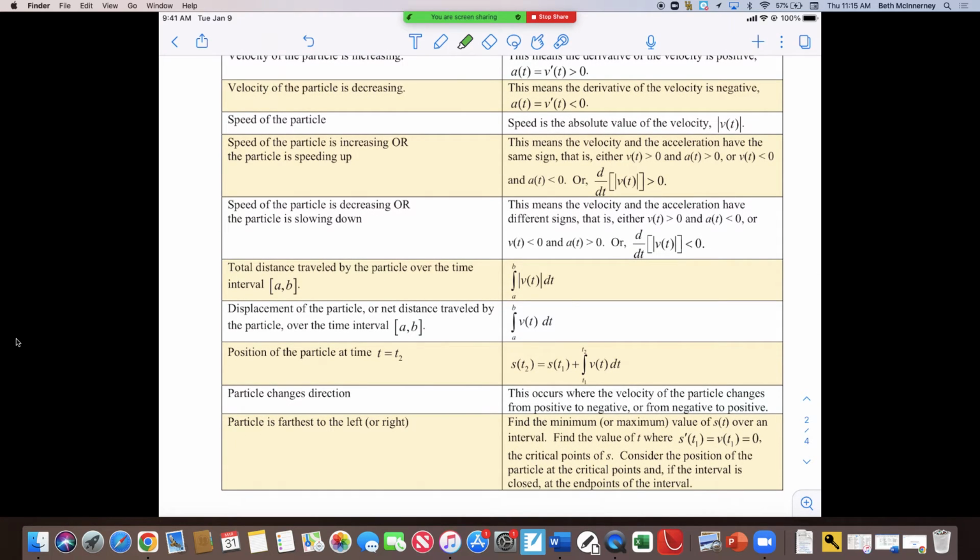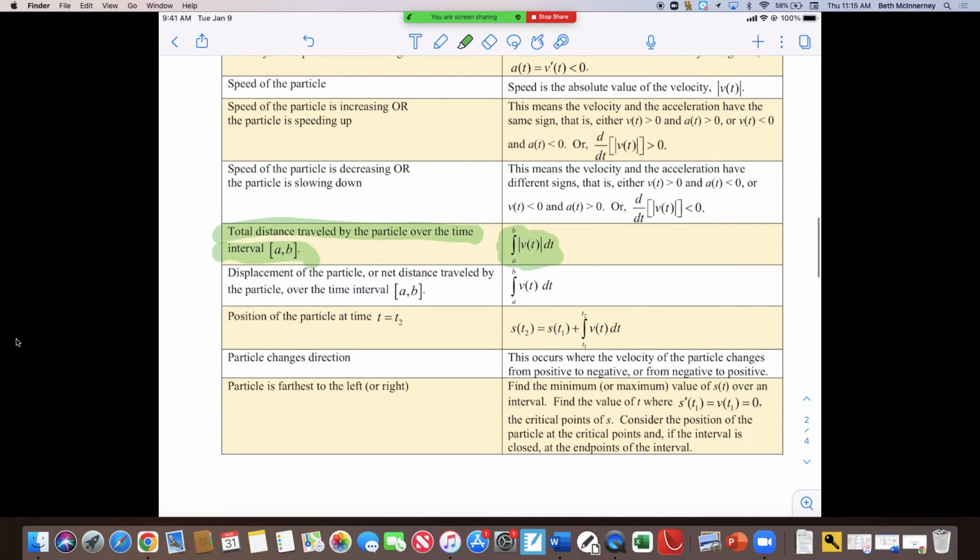Then here's one that I would like you to highlight. Total distance traveled over a time interval you can find by doing the integral of the absolute value of v of t dt. And then the displacement, or the net difference, is just the integral. So this is a big one that's really new for us. Then the position, this is one we just did. You have to have your initial position plus that net change in distance.